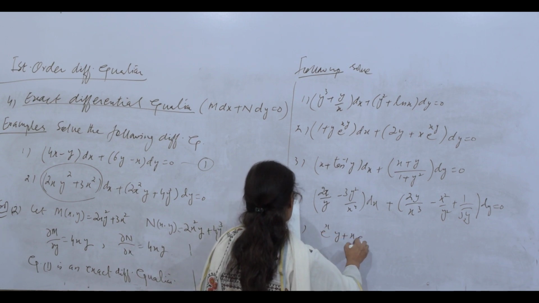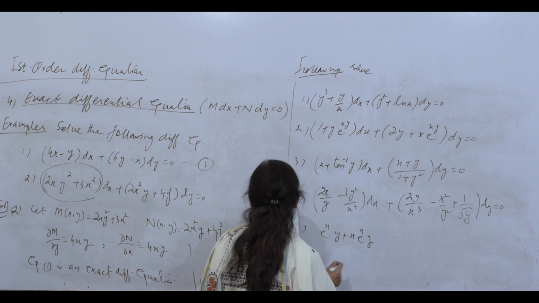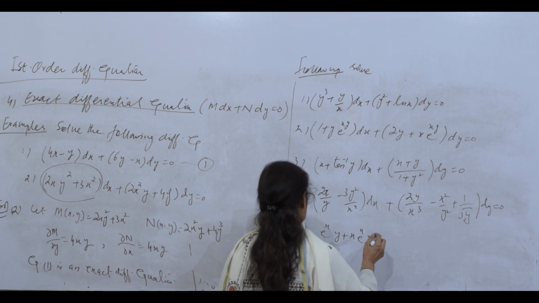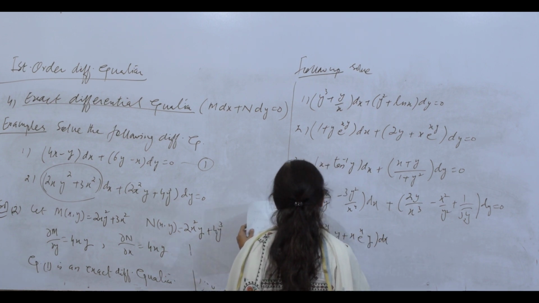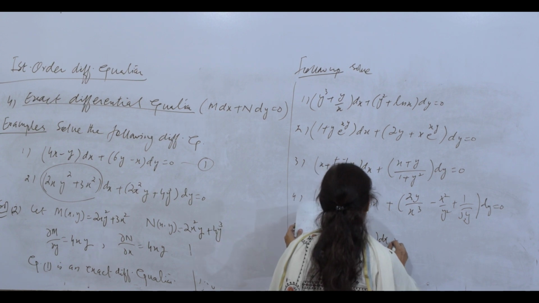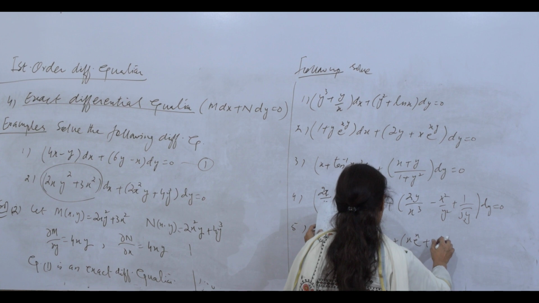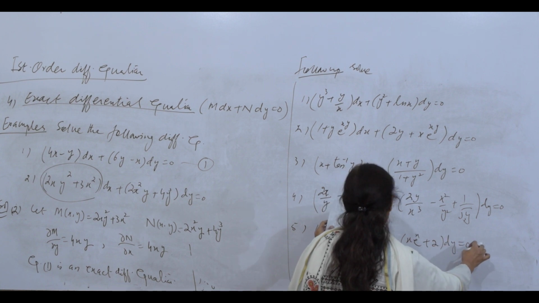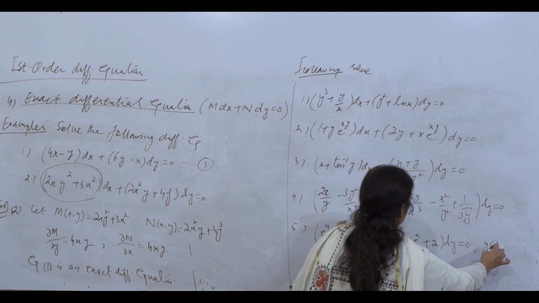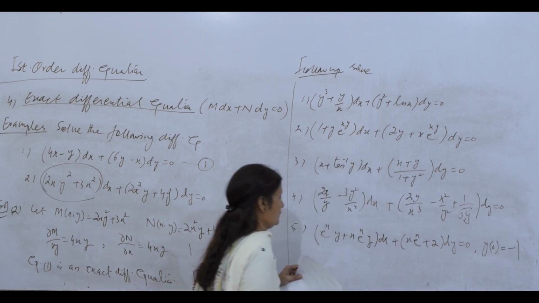Fifth, (e to the xy plus x e to the xy) dx plus (x e to the x plus 2) dy equal to 0, y(0) is minus 1.